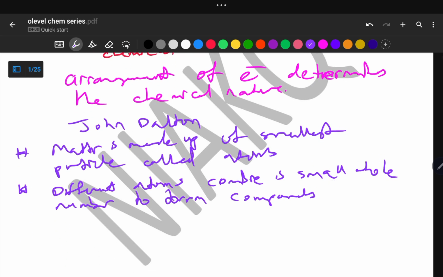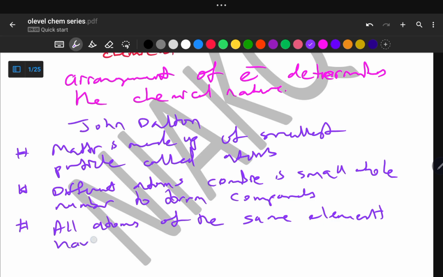And then the third one says all atoms of the same element have the same chemical properties, right? All atoms of the same element, they have the same chemical property.